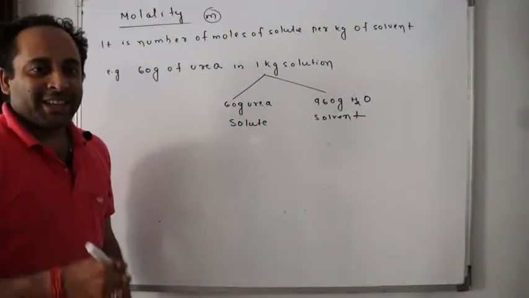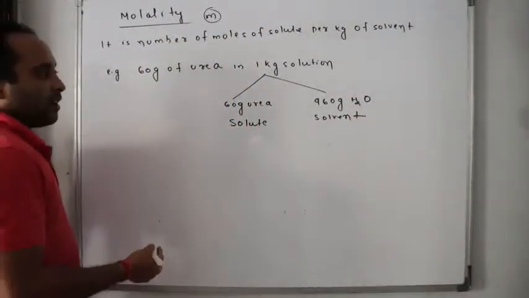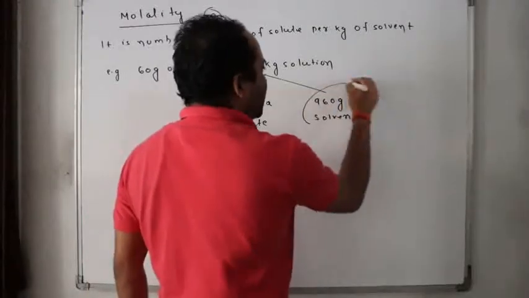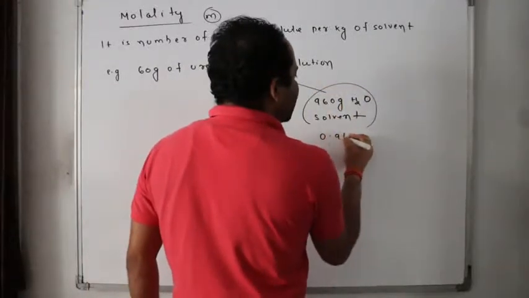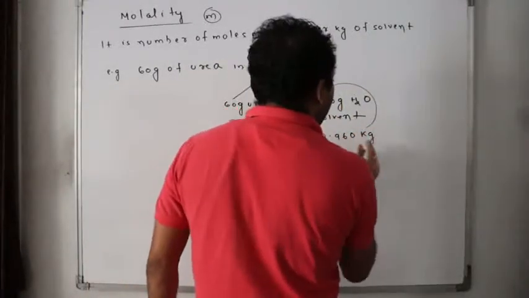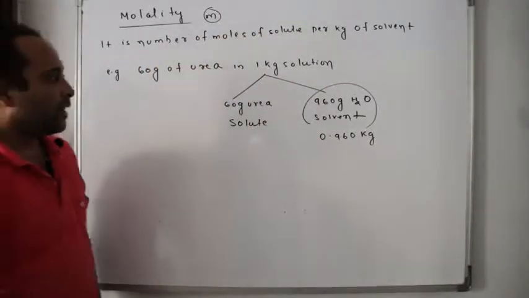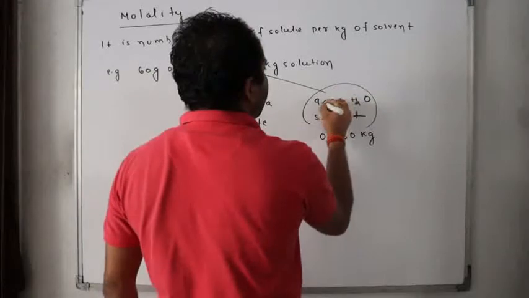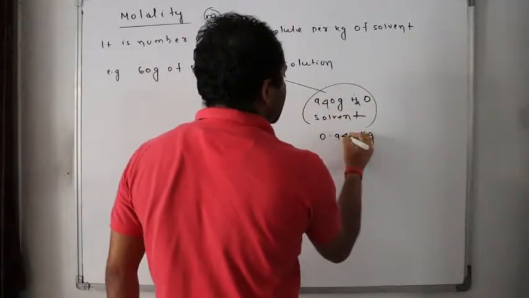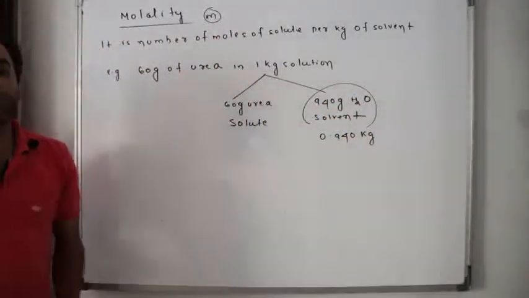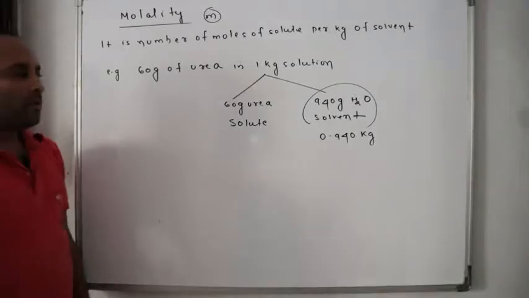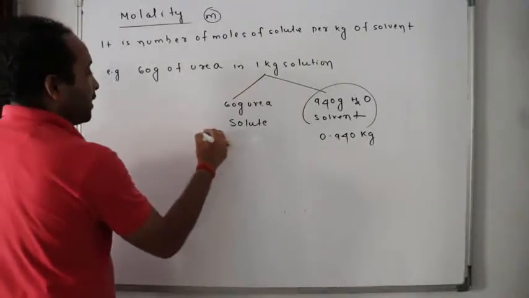Now the question comes, how much kg is solvent? It is 0.940 kg.